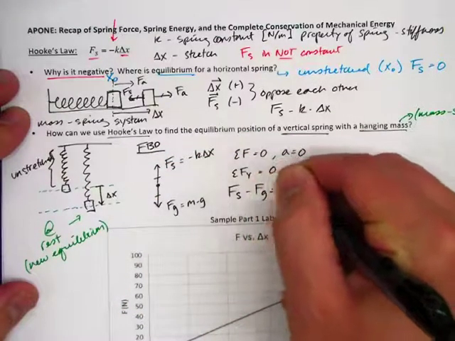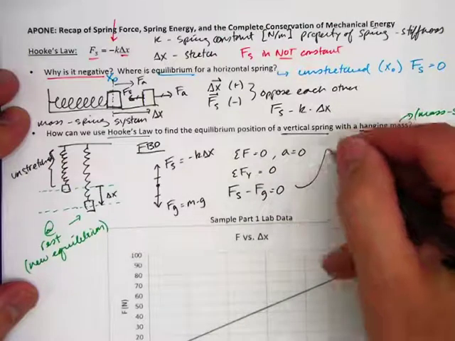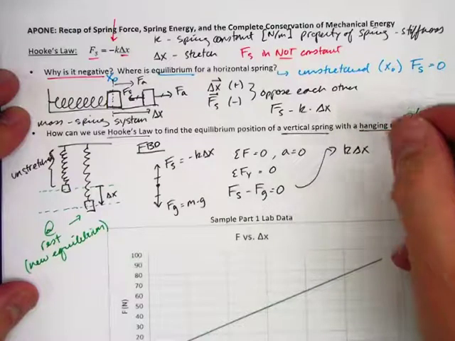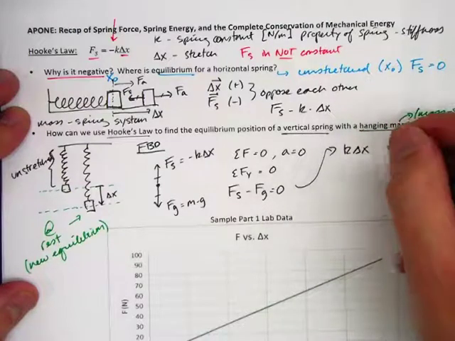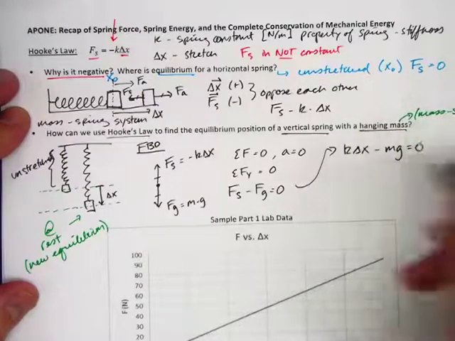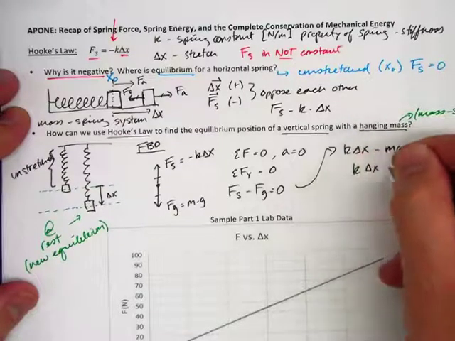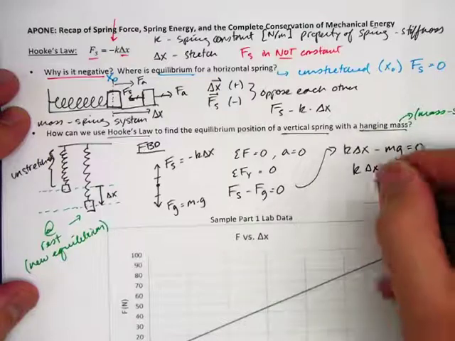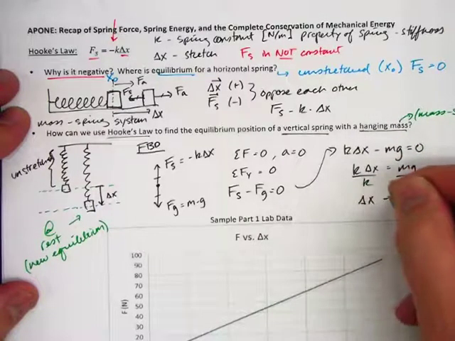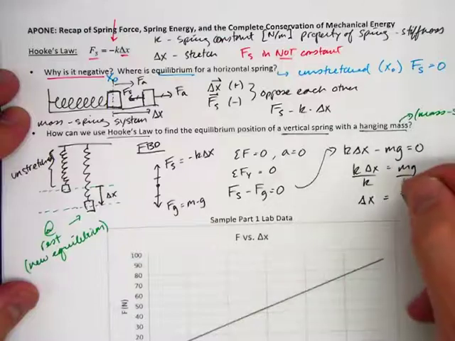And these two must be equal to each other. So since the magnitude of F sub s is k delta x, and the magnitude of Fg is mg, we get that k delta x is mg, or if I divide this by k, the delta x, the stretch at equilibrium, is mg over k.